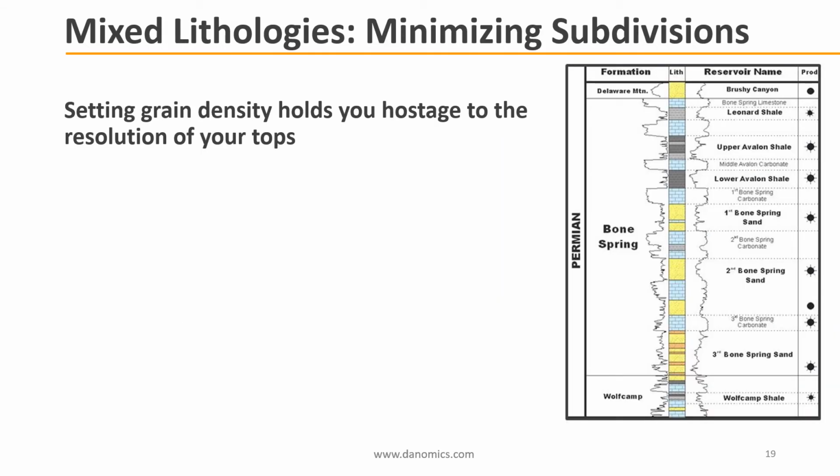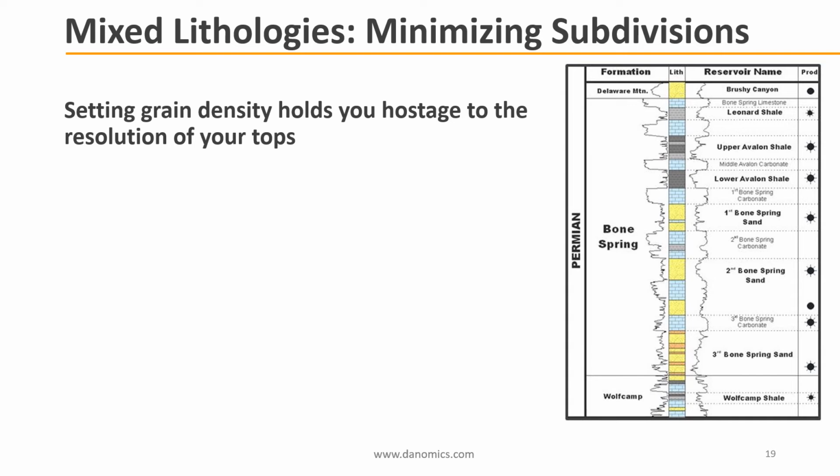Okay, so what about mixed lithology systems? In many cases, we have mixed lithology, such as what's shown here on the right, which is a schematic from the Bone Spring formation in the Delaware Basin.